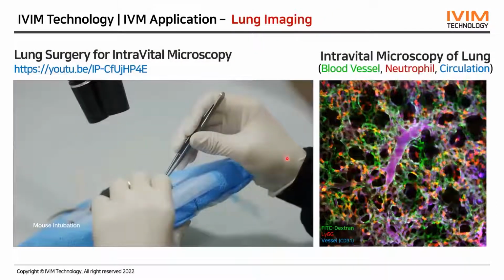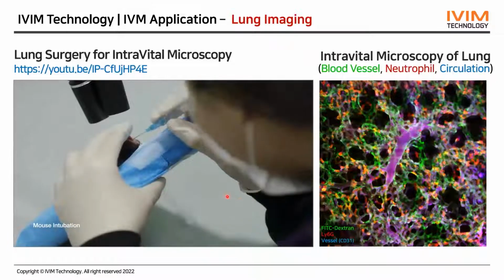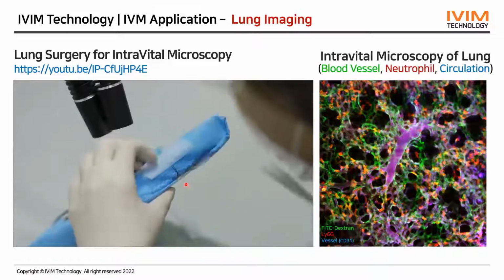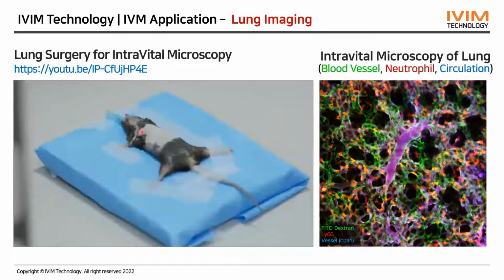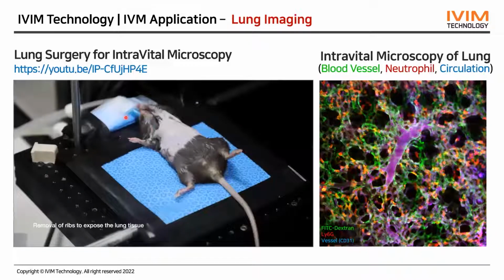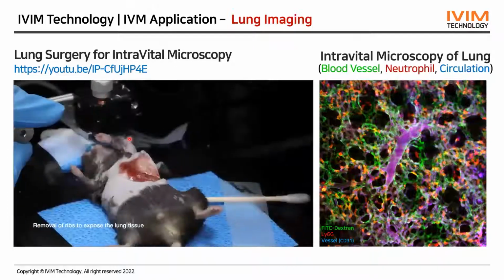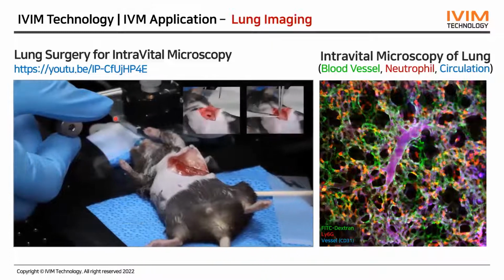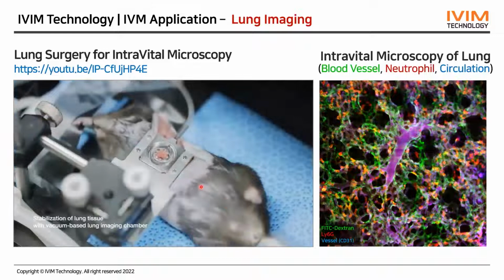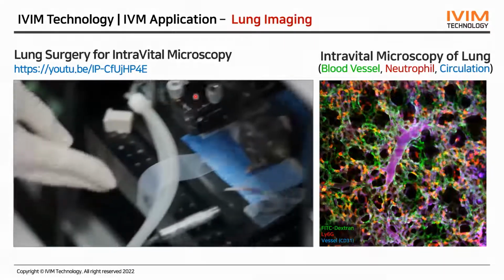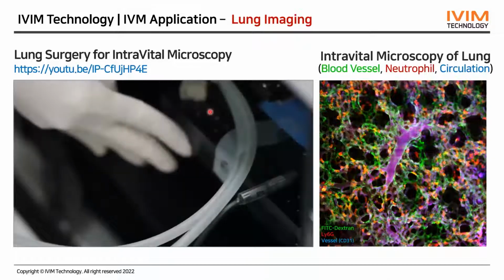For in vivo lung imaging, we utilize the thoracic window chamber. We make the mouse breathe by intubation, which is connected to the artificial respiration system. After that, we remove the ribs to expose the lung tissue, then attach the tissue to the lung imaging window chamber, which is connected to the vacuum pump for stable visualization.